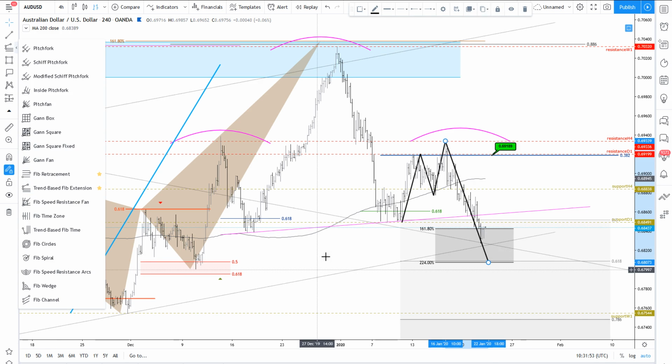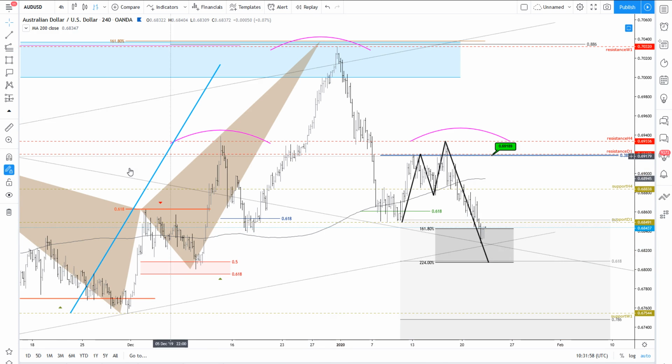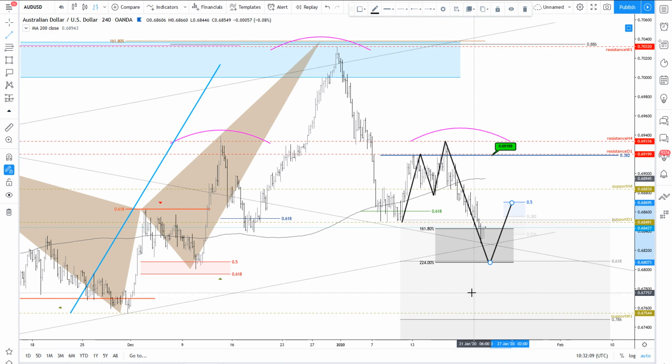If that happens, and let me clear this pink line, this eventual next zone there. If that pattern gets formed, we may see the price searching for the 50% Fibonacci retracement. This retracement can happen from these lows.